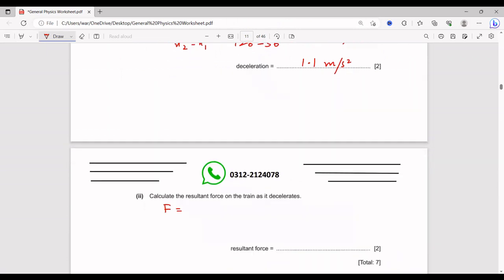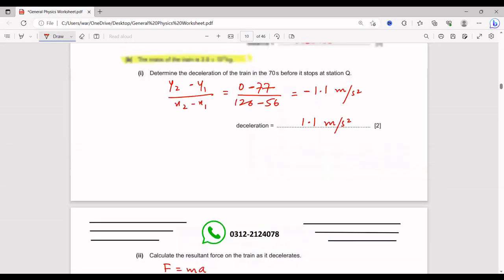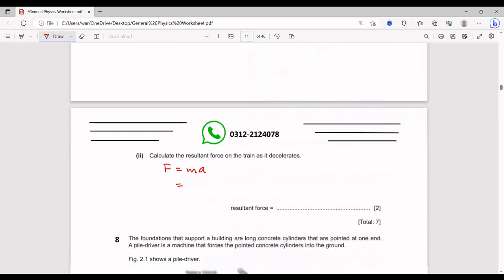So for resultant force, we have to use the formula F is equal to ma. The mass of the train is 3.8 exponential 5. And the acceleration is 1.1. So the value is 1.1 times 3.8 exponential 5.